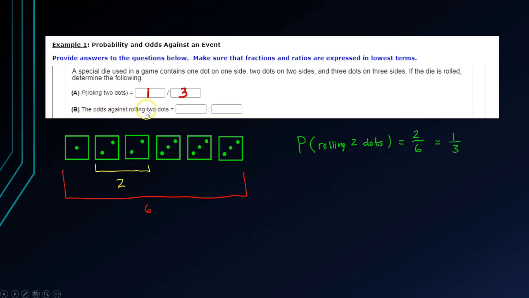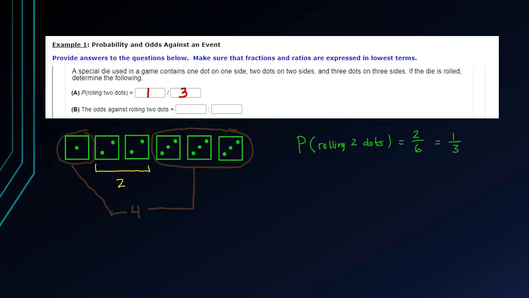Now we're looking for the odds against rolling the 2 dots. I'm not considering the whole number of possible outcomes. I want to compare the outcomes of rolling 2 dots versus those where I don't roll 2 dots. I still have 2 faces that have 2 dots on them.